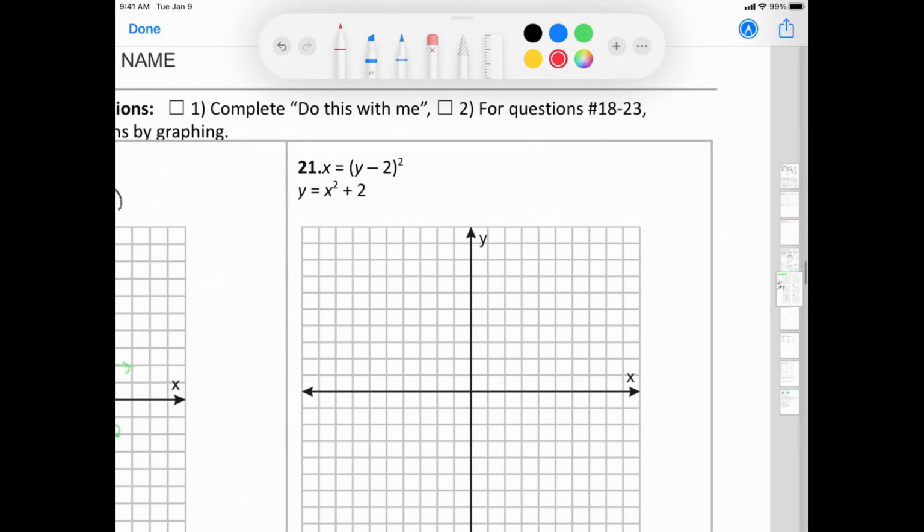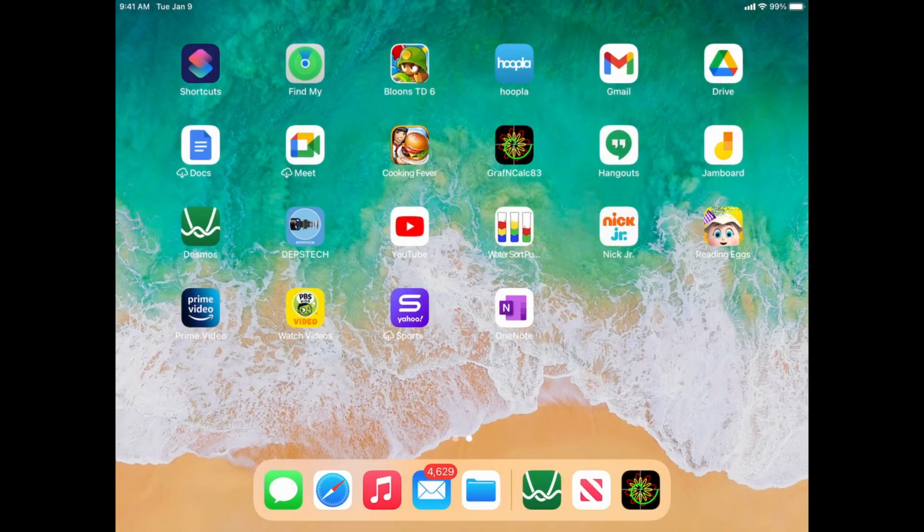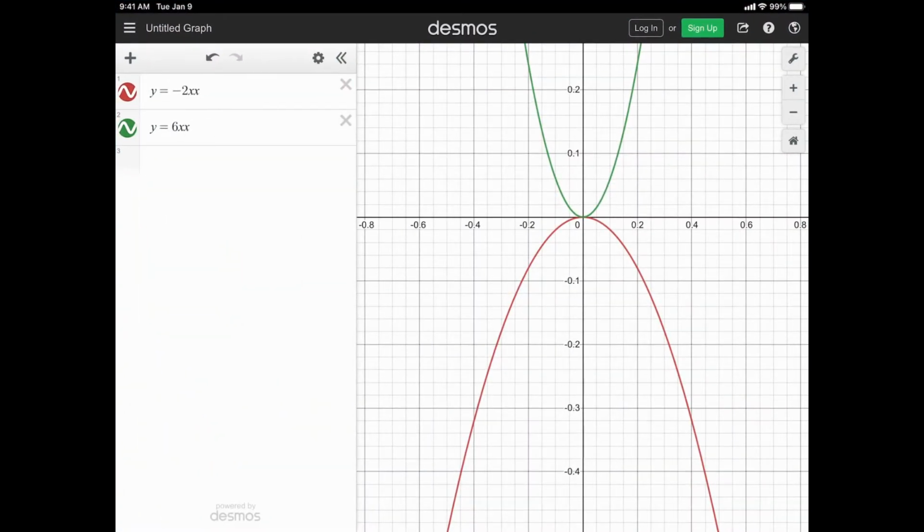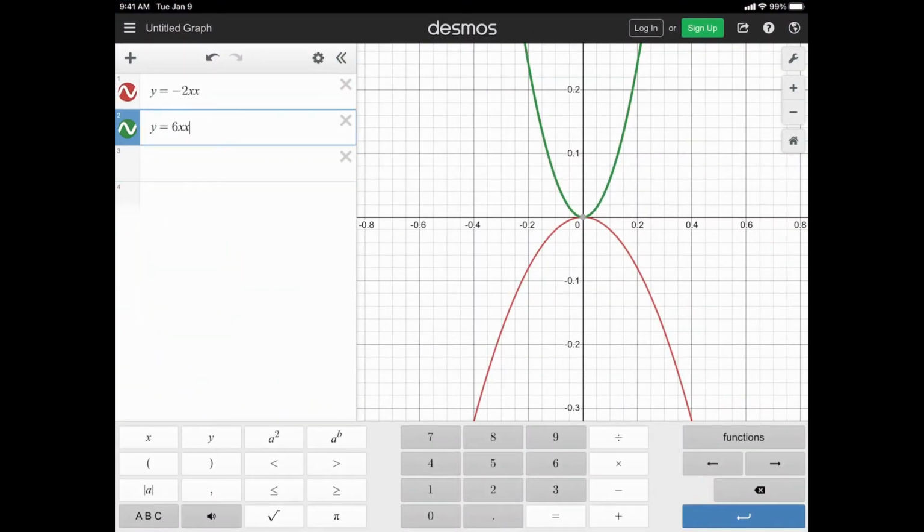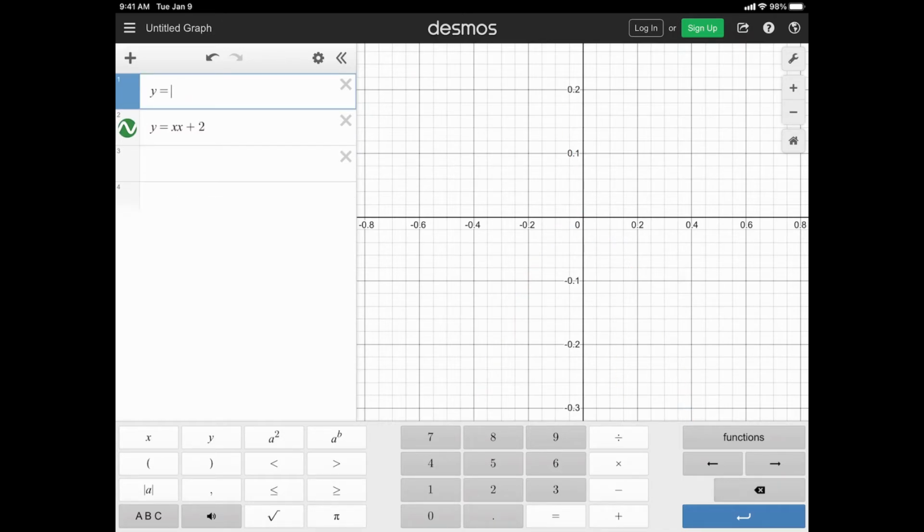Let's go ahead and graph that. Let's do the second one right here. Y equals x squared plus 2. Up here we have x equals, parentheses, y minus 2, squared.